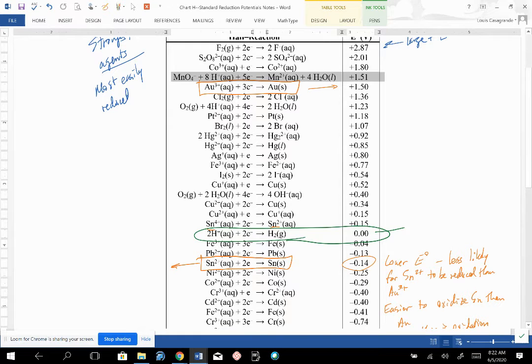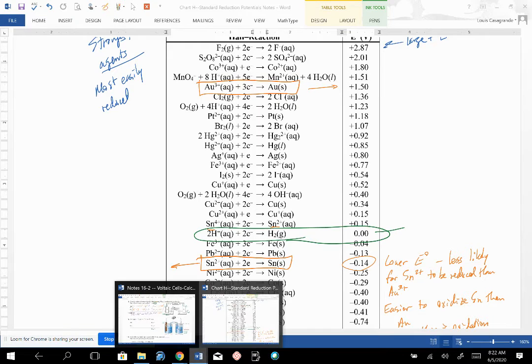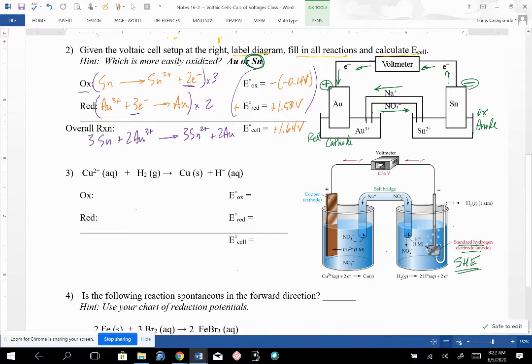It's not that this has no reduction potential at all. It's that relative to this whole chart, this is in the middle. And so this has been defined as the reference electrode for everything. And this is how it works. Because neither one of the species in the potential is a metal, we need to use an inert metal such as platinum.